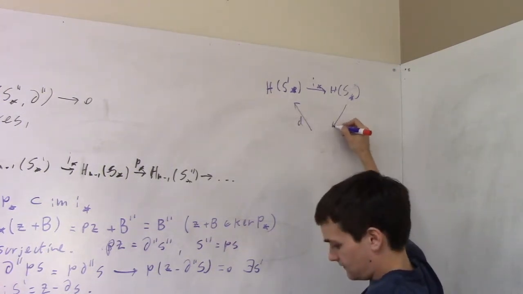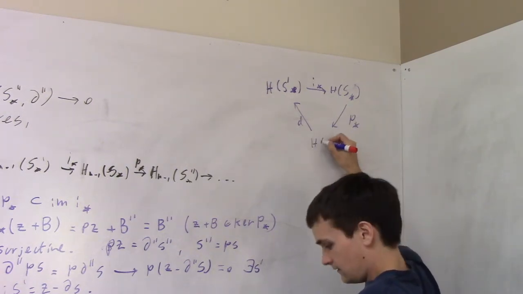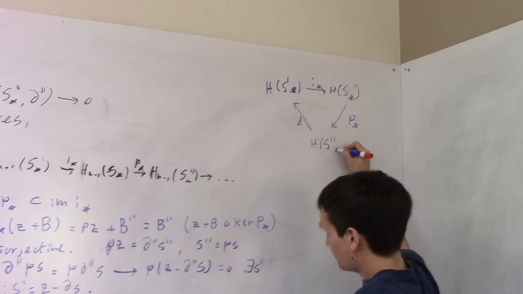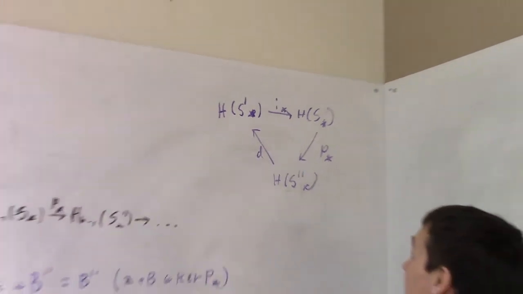D. Map induced by P. H. So this is why it's called the exact triangle, because of this mnemonic diagram they're calling it.